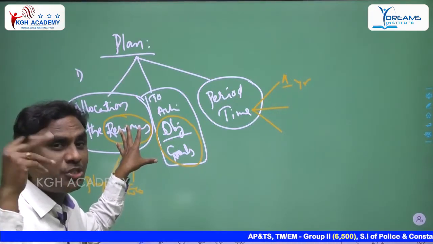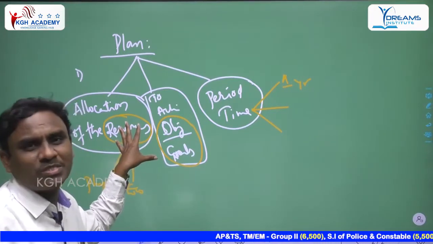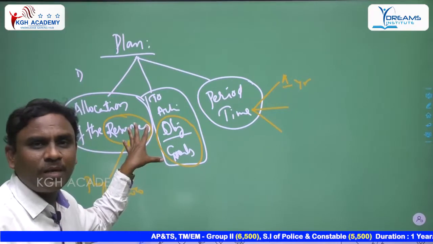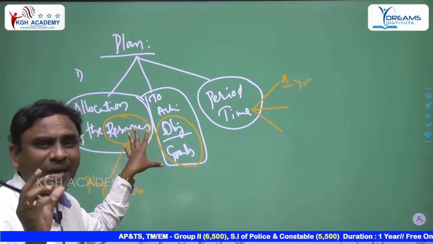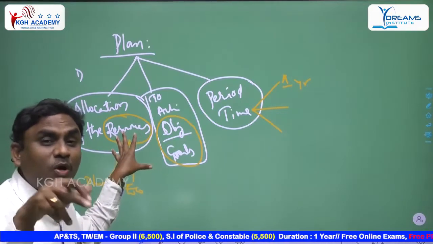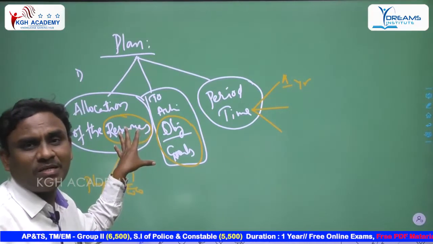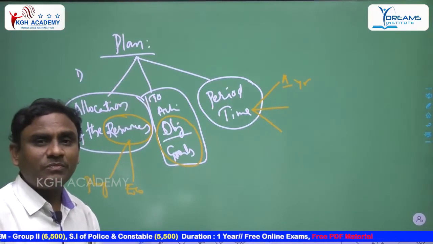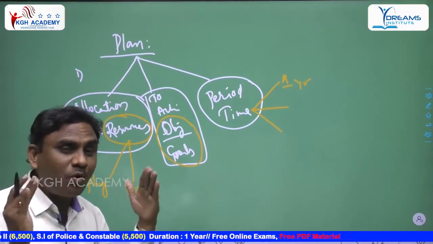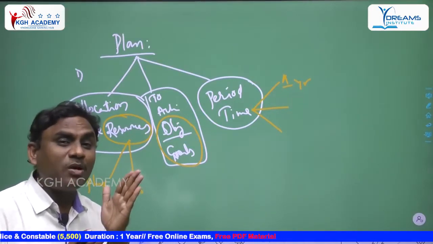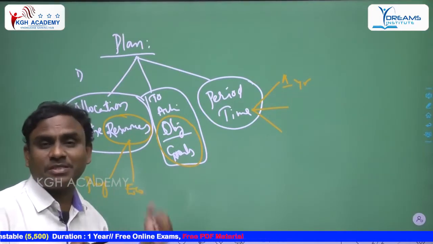To achieve the targets or goals, the state or economy plans to allocate resources among the different sectors. That is known as a plan. If issues are more, automatically the number of objectives will increase.